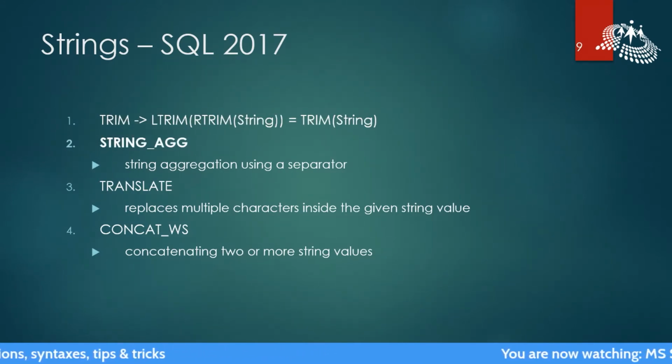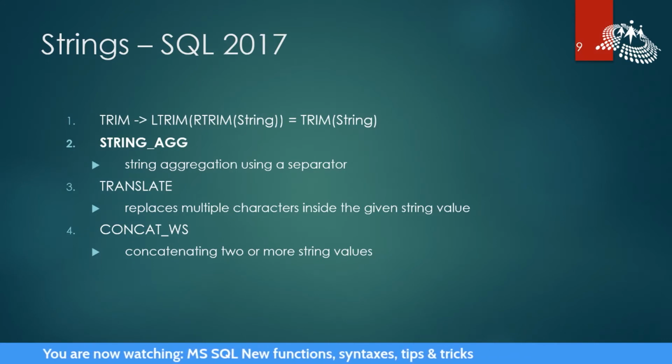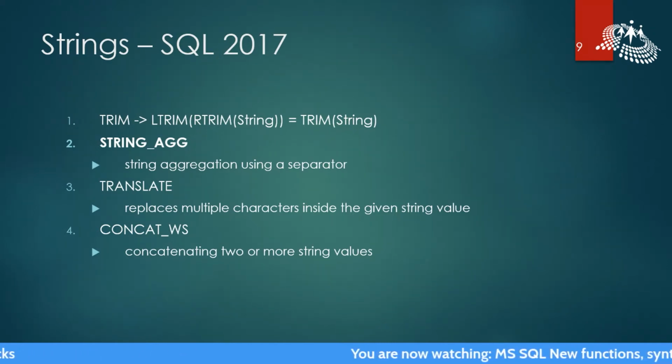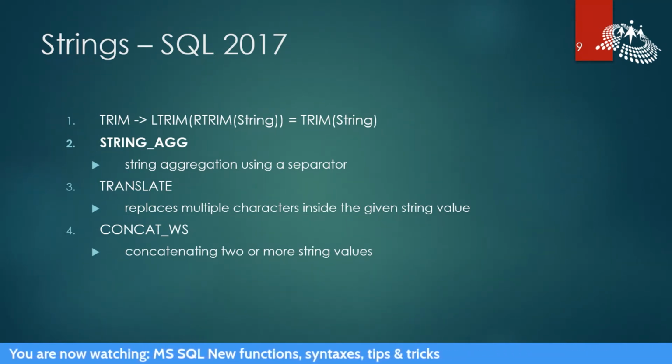Secondly, the STRING_AGG function. It's of course for string aggregation, and it's pretty much the opposite of STRING_SPLIT described earlier. I know that for this purpose there are many theories, approaches, and solutions.